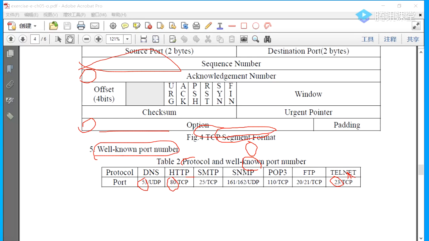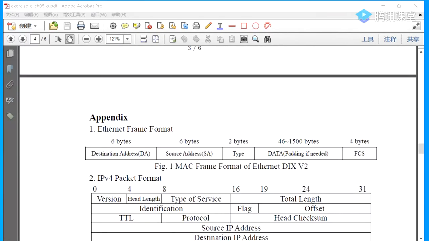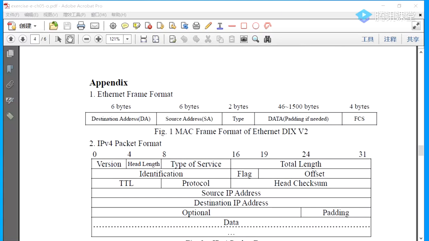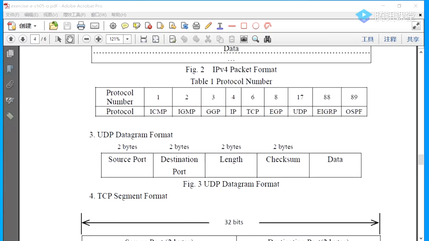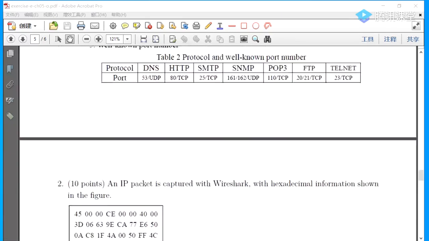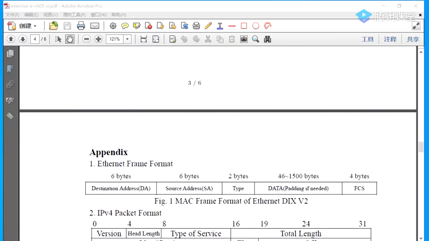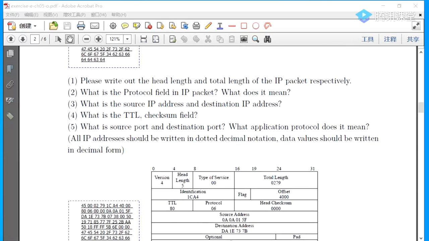So I will supply such an appendix which illustrates this packet format or some information table. Based on the appendix, I think it is very easy to calculate these questions.